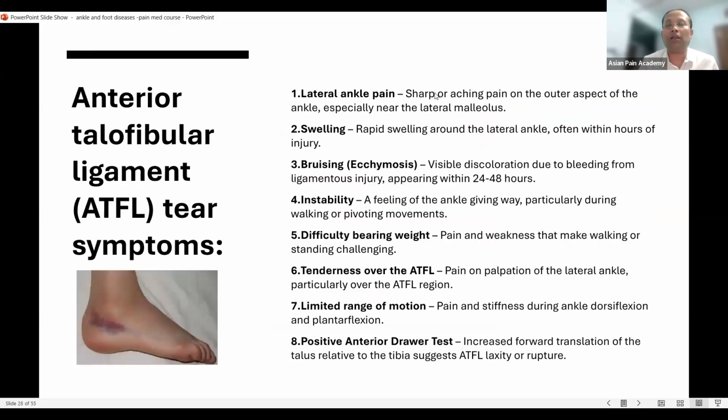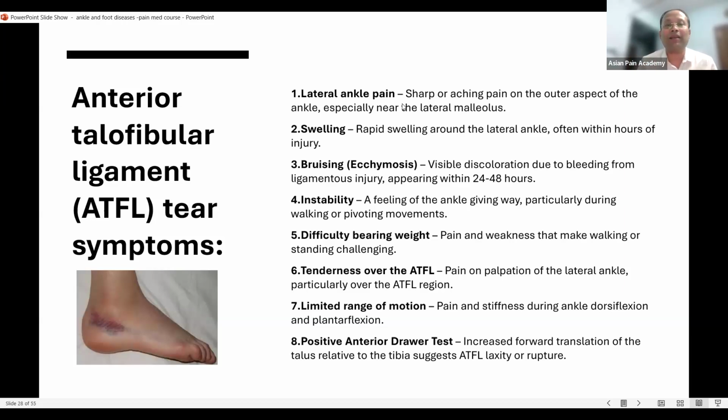How will the patient present to you? Usually the patient presents with acute pain, but some patients can come with a mild degree of pain continuing for say 6 months, because there was a rupture and the acute inflammation has healed, but the rupture continues. Maybe a partial tear continues, and that's why the patient's pain also continues.